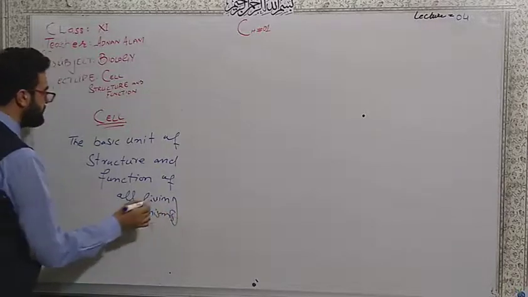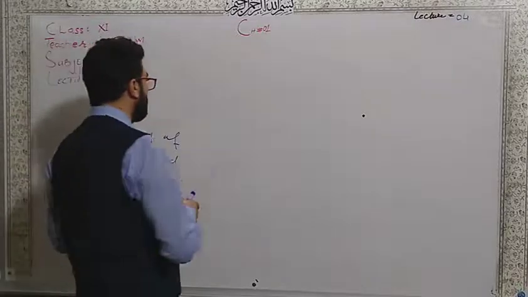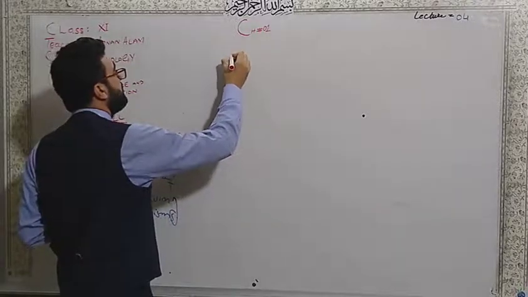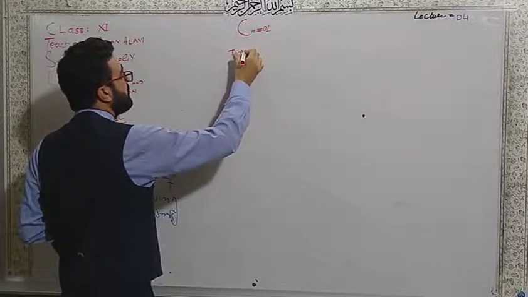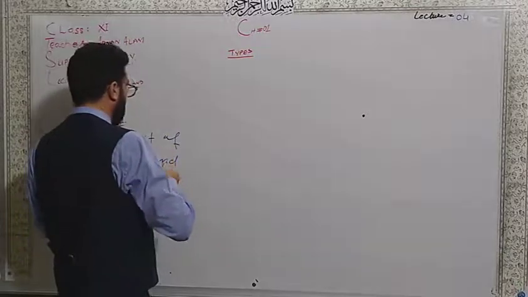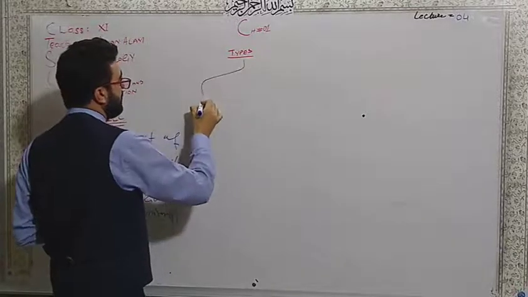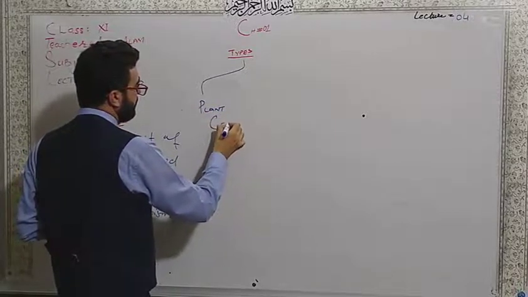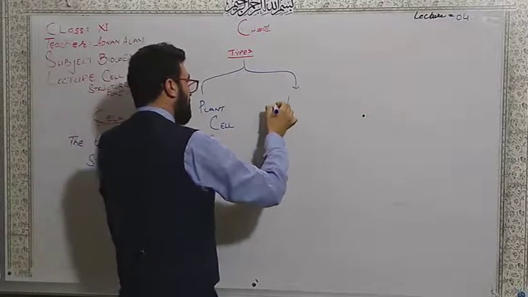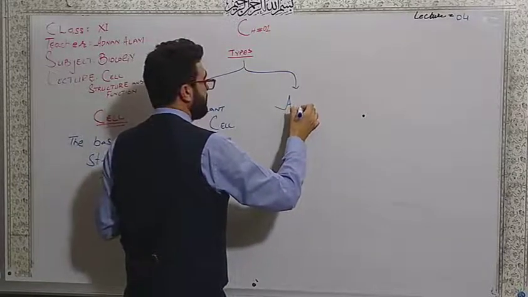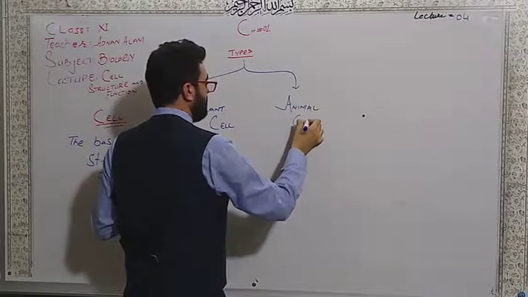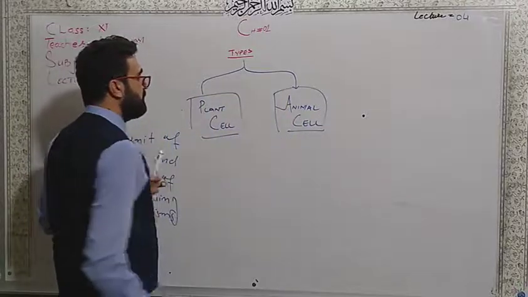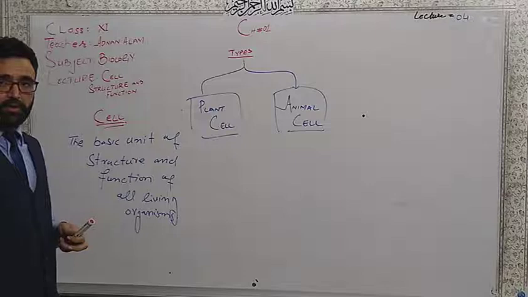In the start we discussed cell theory. Now there are two types of cell structures we will explain. One is the plant cell, and the second one is the animal cell. Both of the cells are different from one another in some particular structures.